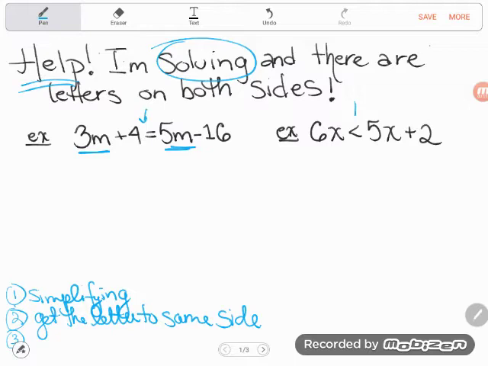So I'm actually going to move this 3m over. Now, I've got a reason for that. The reason I want to move over the 3m is because I know that students make fewer mistakes when numbers stay positive. So notice this 3m here is separated from the 4 with an add sign, a plus sign.